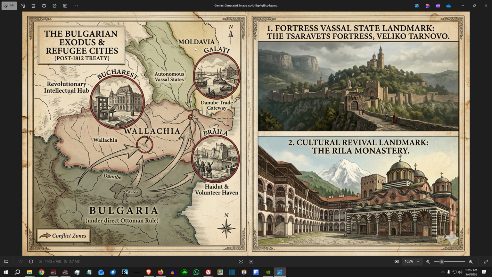So that's been interesting. They've been under Ottoman rule for a few hundred years or so. Wallachia and Moldavia and places like that were just vassal states where they have to pay tribute, whereas Bulgaria is more closely linked to the Ottomans, and was directly ruled by them.